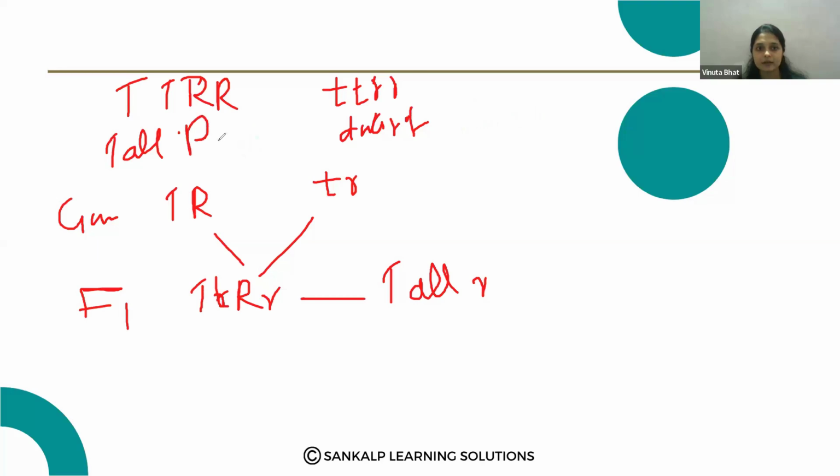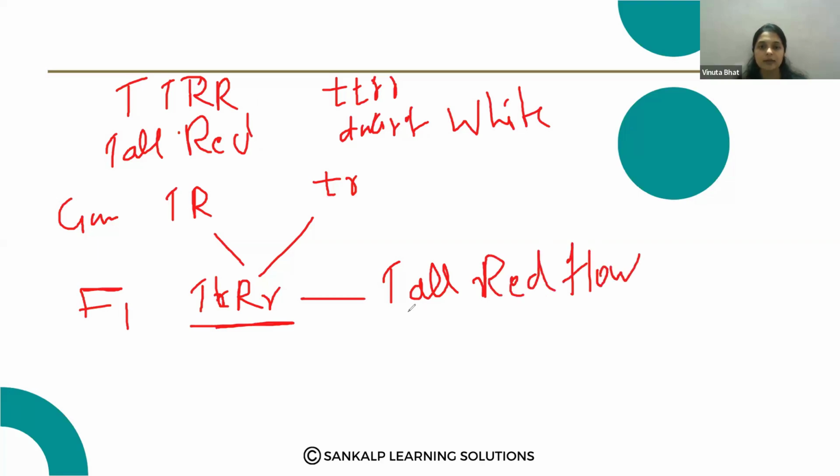Tall, red color, and dwarf, white color flower. Okay. So here in the F1 generation, all are tall and red color flower producing plants.